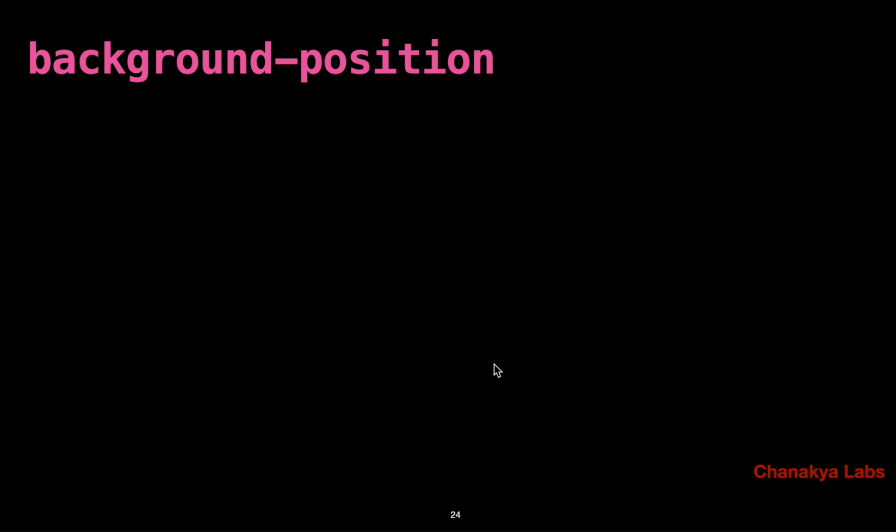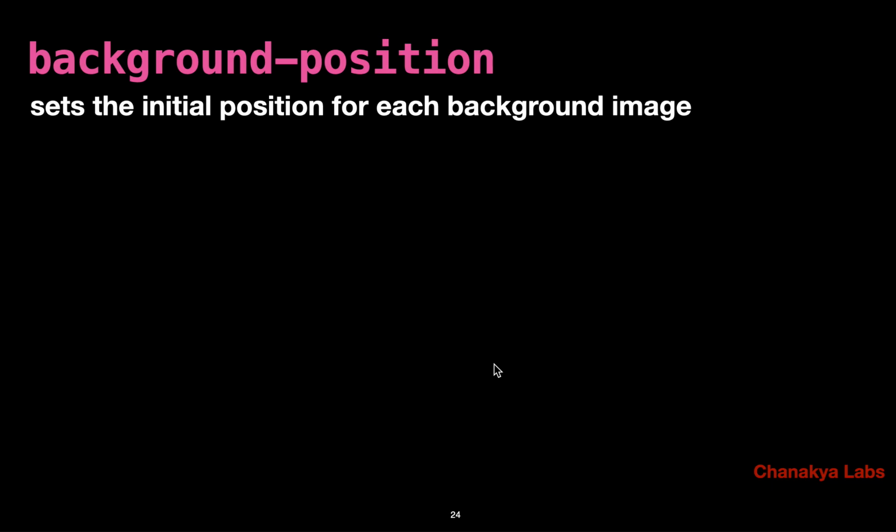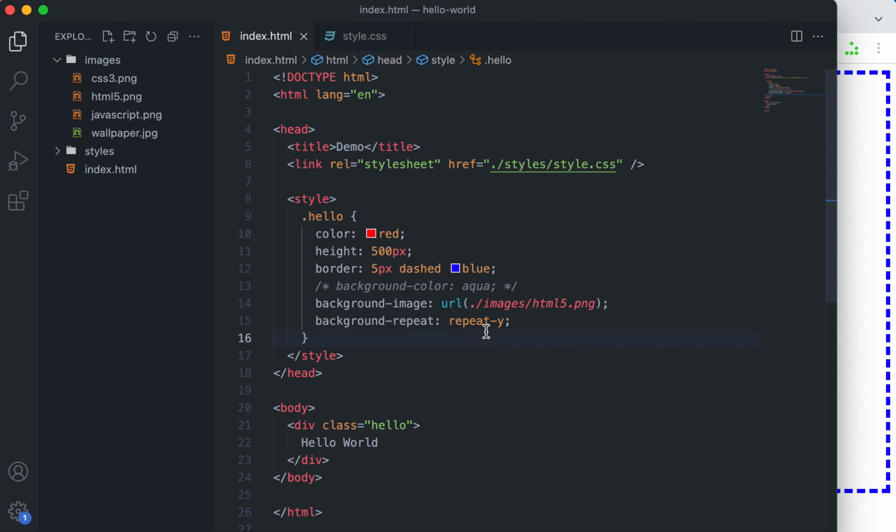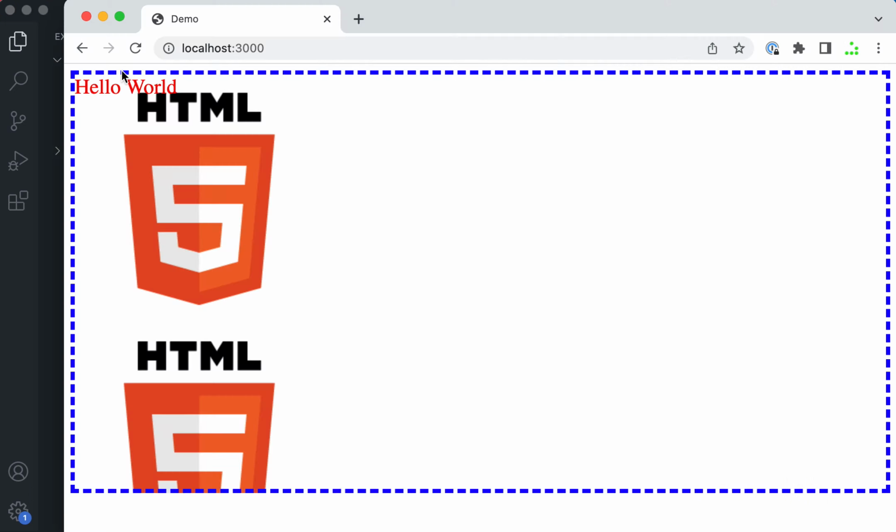That's it. Background position. The background-position property of CSS sets the initial position of each background image. Right now I showed you that when you write no-repeat, that is fine. But where is the image?